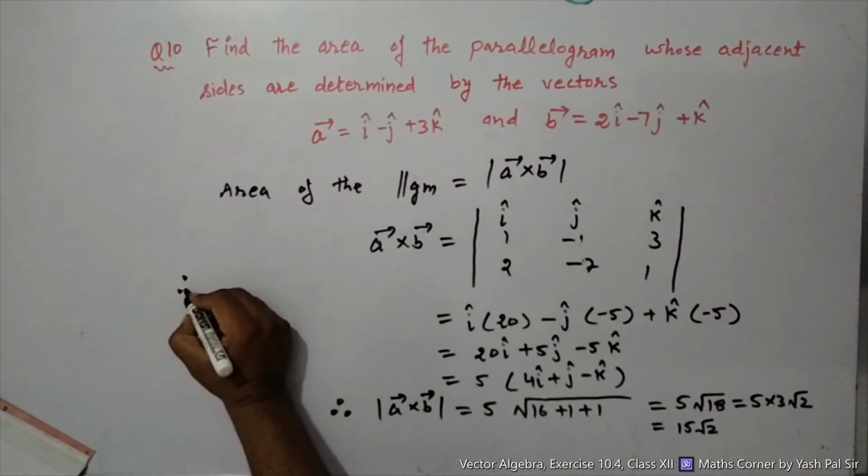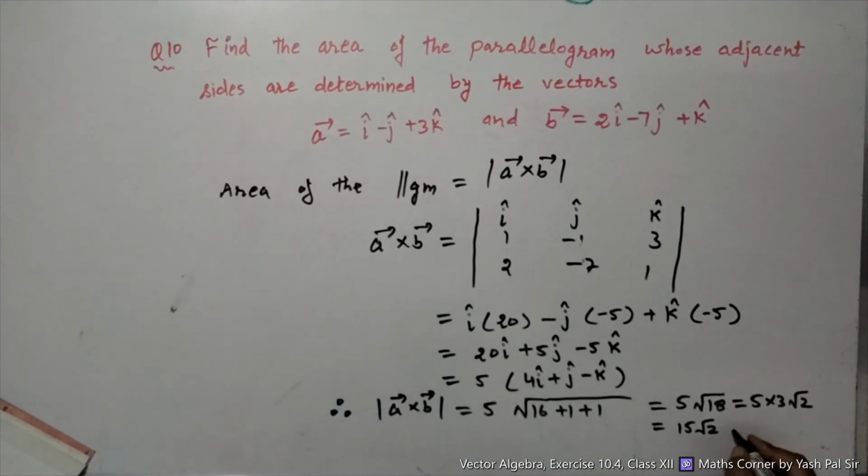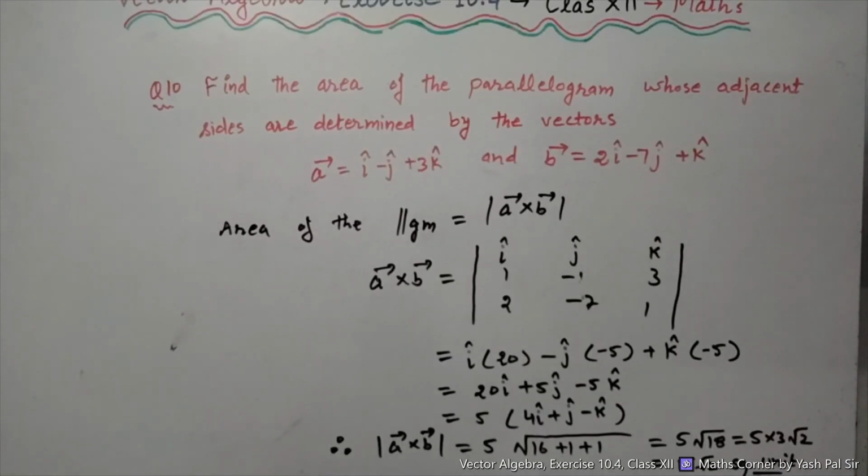So this is 15 square root of 2. So required area is equal to 15 square root of 2 square unit.